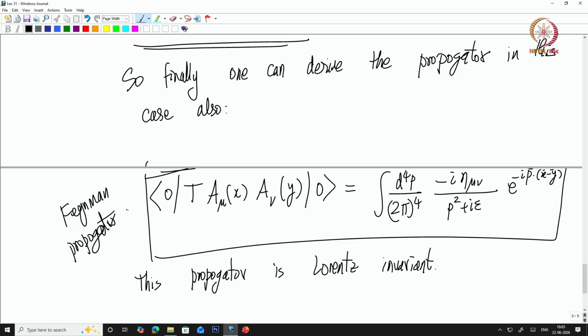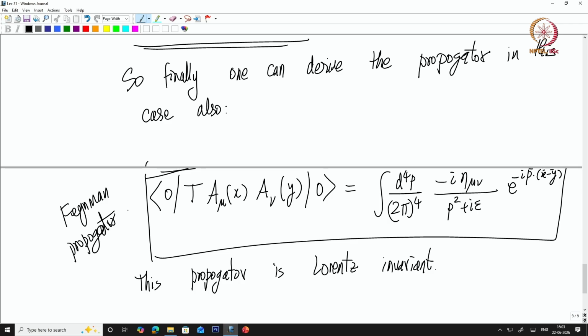We will use only this propagator from now on, the time-ordered product of A_mu A_nu, which we could derive in a Lorentz invariant fashion. We will use this propagator, and then we will see the advantages of it.